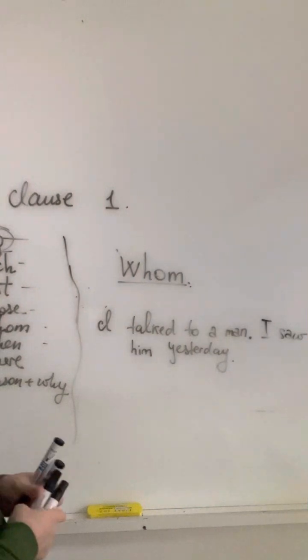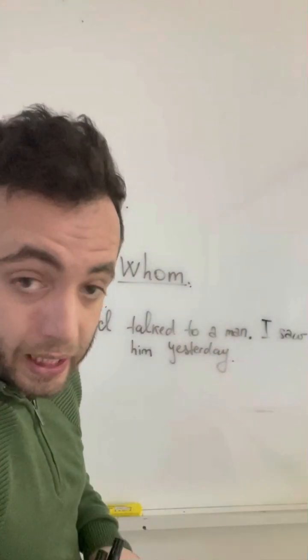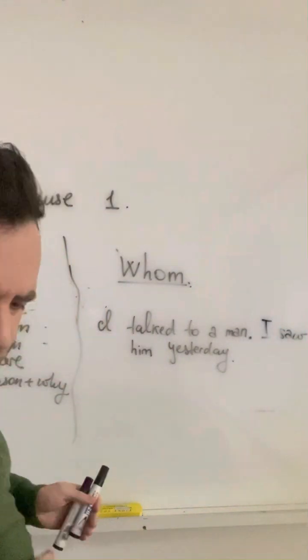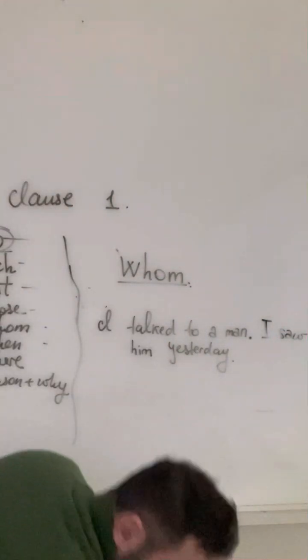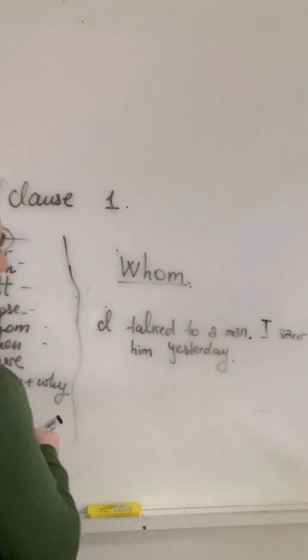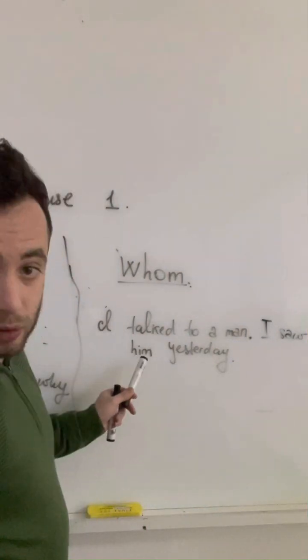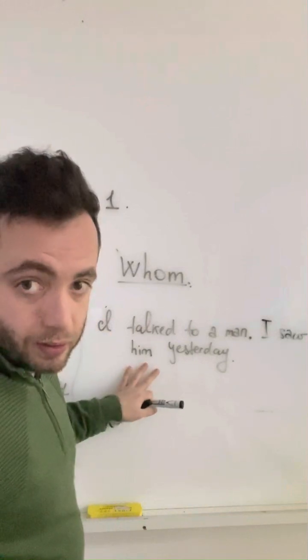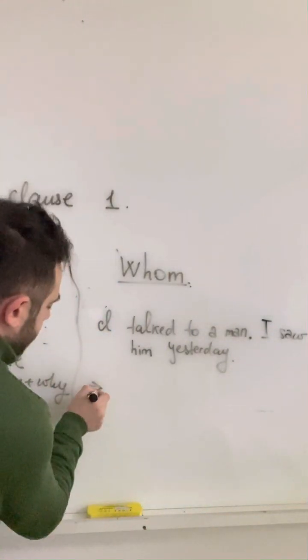However, we can make it complex again with the help of a relative clause. So how can we do this? Again, we will first remove the pronoun from the separate sentences, and we'll make a combination here.